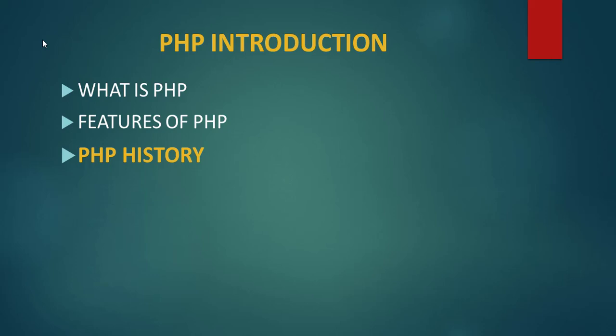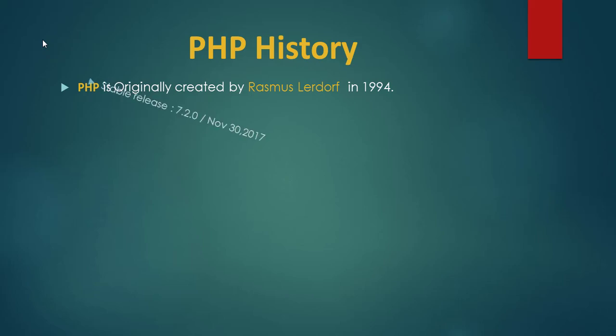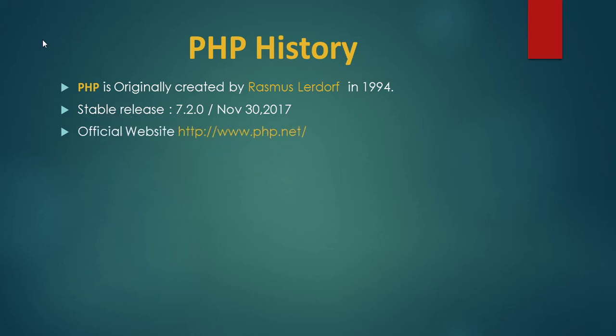PHP history. PHP was originally created by Rasmus Lerdorf in 1994. Stable release 7.2.0 on November 30, 2017. The official website of PHP is www.php.net.